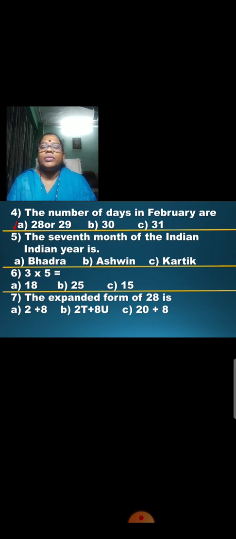Now, number 5. The 7th month of the Indian year is Bhadra, Ashwin, Kartik.